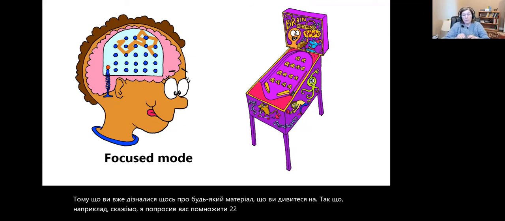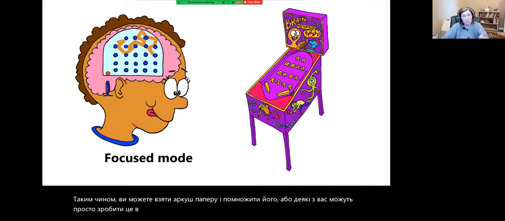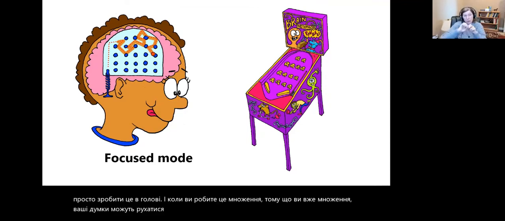You may take out a piece of paper and multiply it, or some of you can just do it in your head. And as you're doing that multiplication, because you already know multiplication, your thoughts can move right along in the pathways that have already been laid, those little sets of neural links.